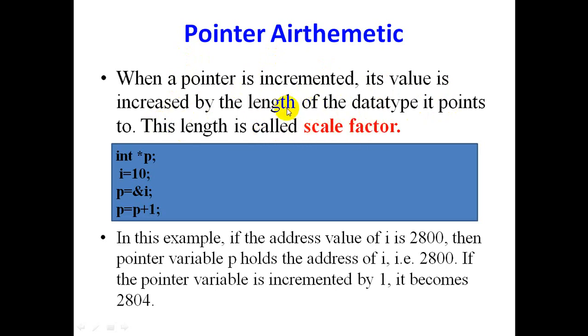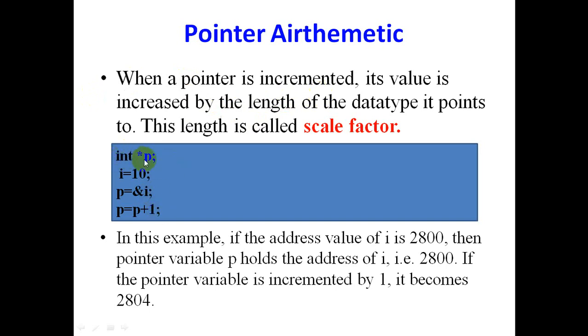Normally, when we increment a variable, we just add 1. If a equals 0 and we do a++, a becomes 1. But in the case of a pointer, that is not true. I will tell you how the increment happens with an example.